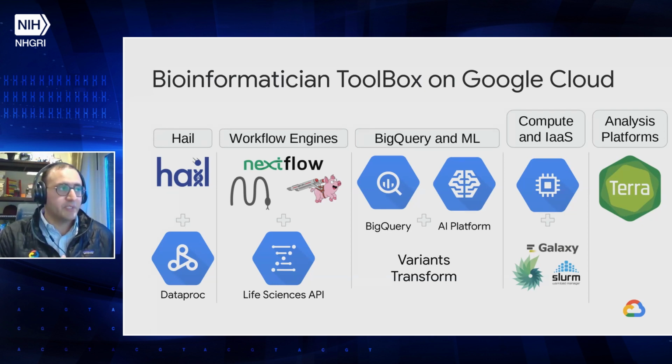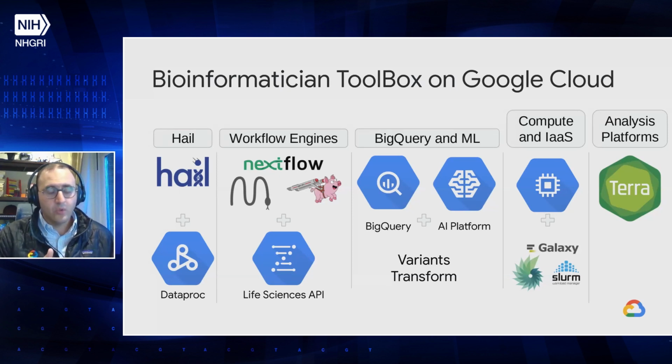Finally, another vertical is the AI Platform, which allows you to build machine learning models easily and gives you access to lots of the tools that we have developed at Google, and BigQuery, along with Variant Transform. And again, we're going to talk specifically about this one.